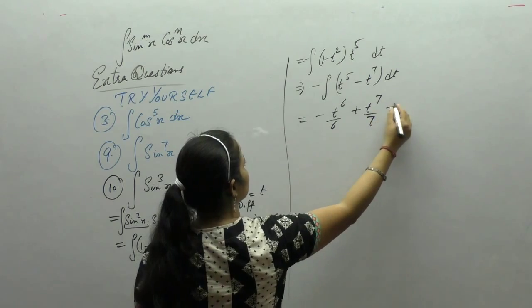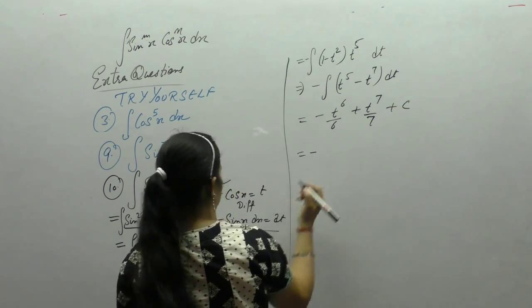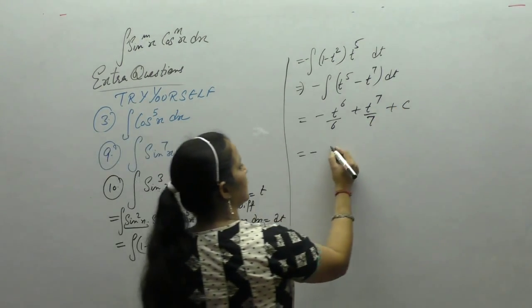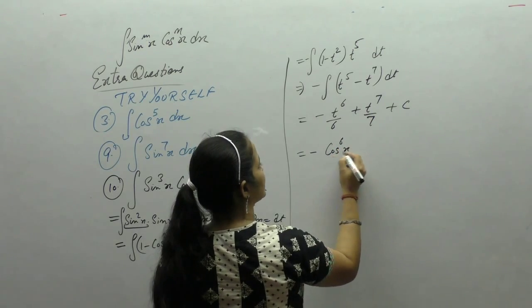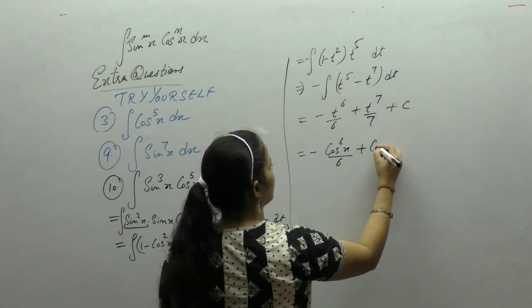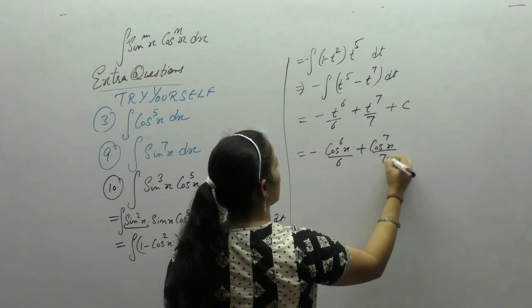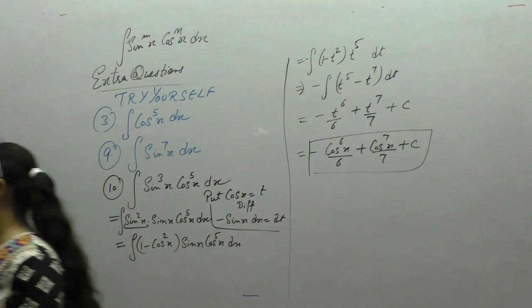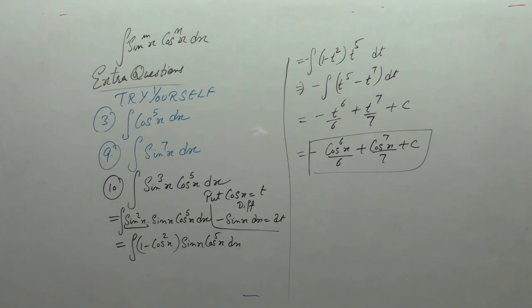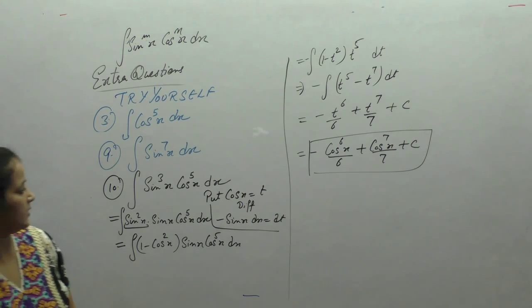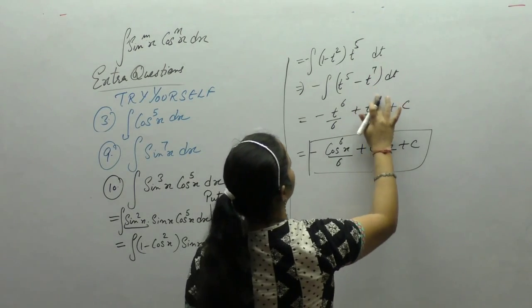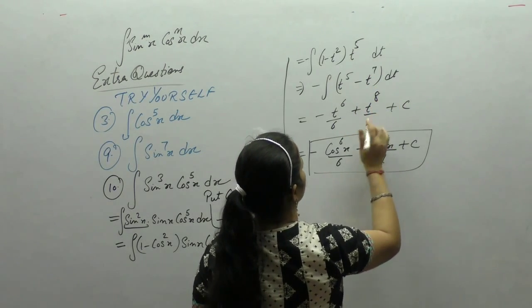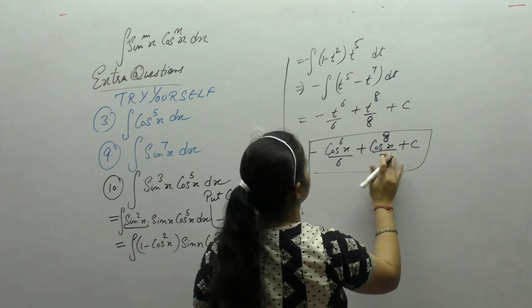So t here is cos x: minus cos power 6x upon 6 plus cos power 7x upon 7 plus c. Minus cos 6x upon 6 plus cos 5 plus 2, 7 plus 1 is 8, cos 8x upon 8.